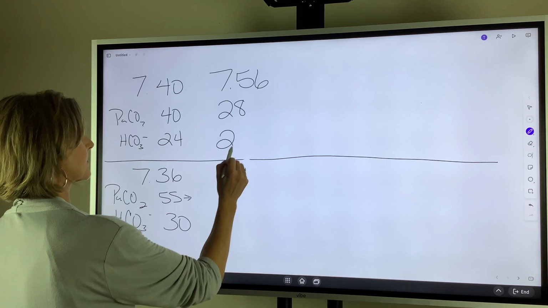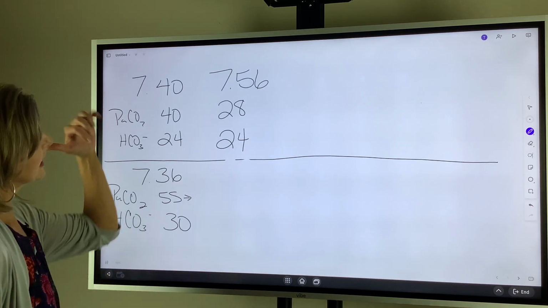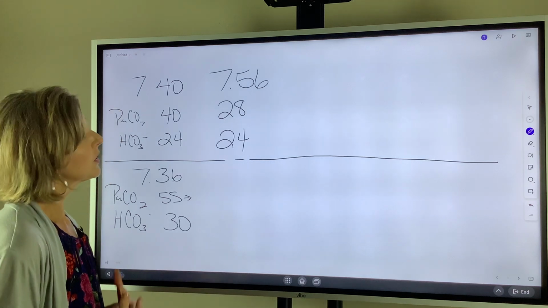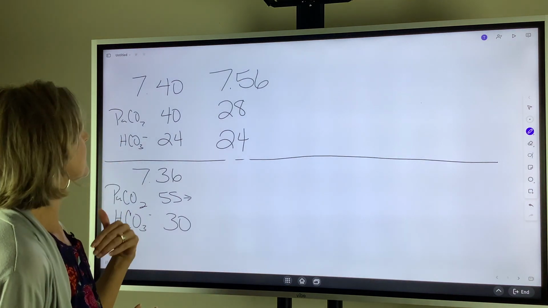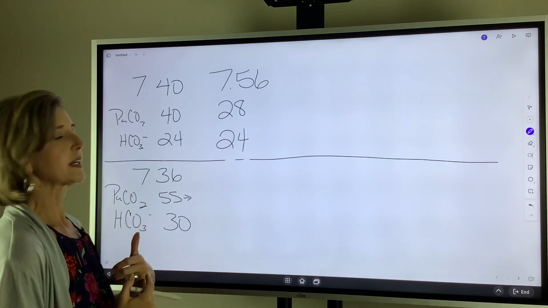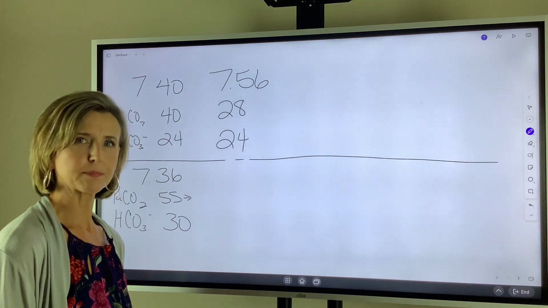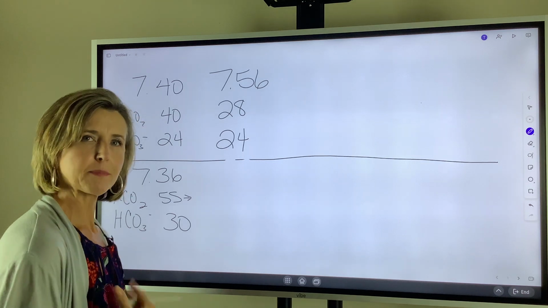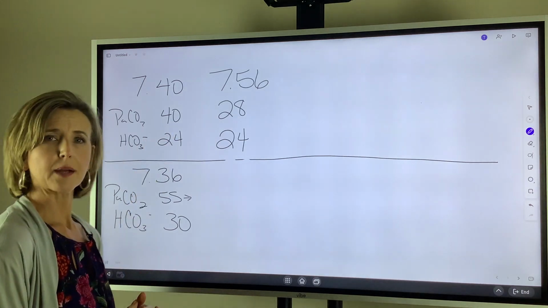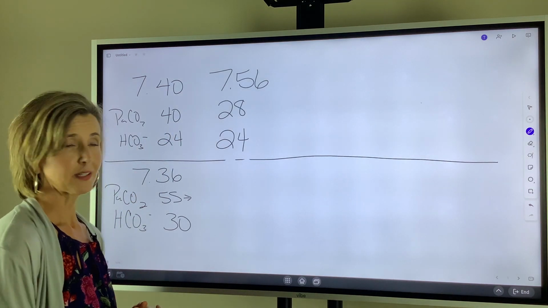All right? So if you look at this blood gas and you were to interpret it formally, you would tell me this is uncompensated respiratory alkalosis. And that's absolutely right. But if I'm going to talk about this from a clinical standpoint, this person is hyperventilating, okay?